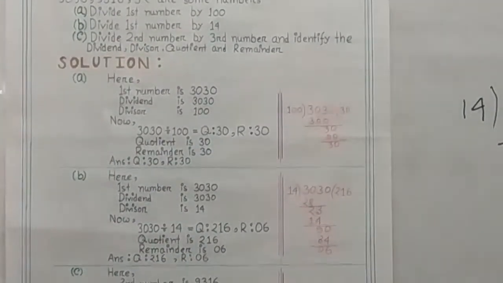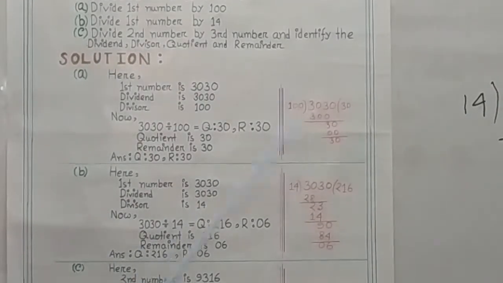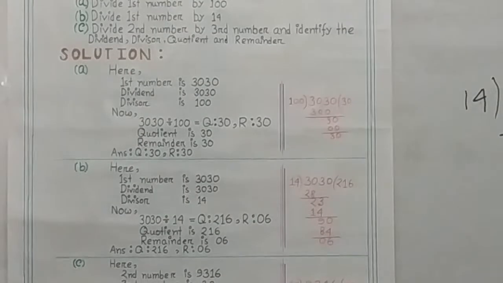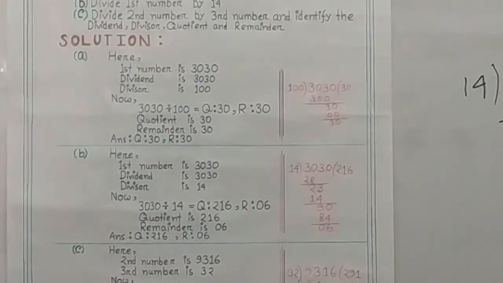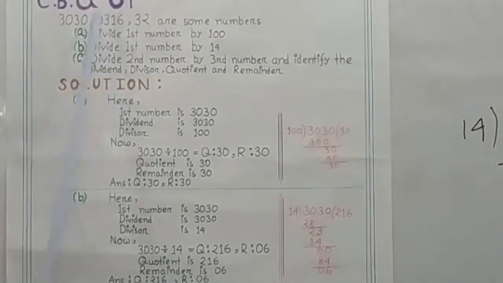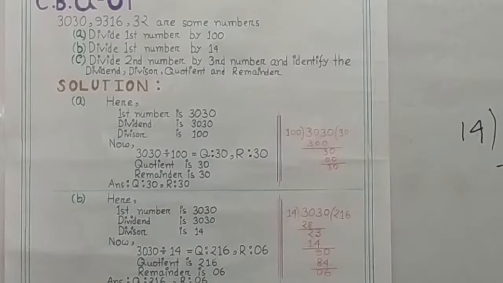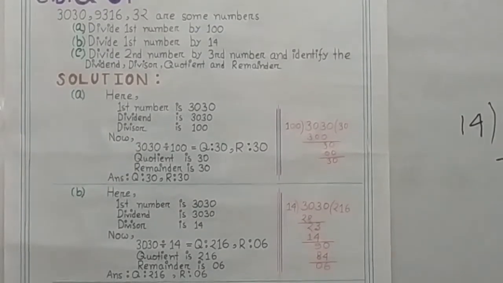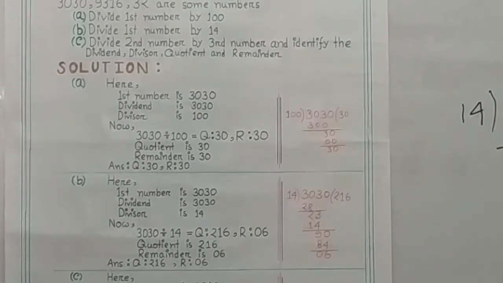Now we go to question C. Question C says: divide the second number by the third number and identify the dividend, divisor, quotient and remainder. In our question, the second number is 9316 and our third number is 32. We have to divide 9316 by 32.